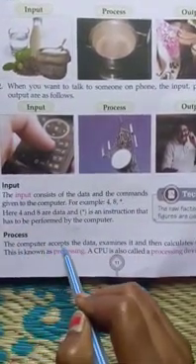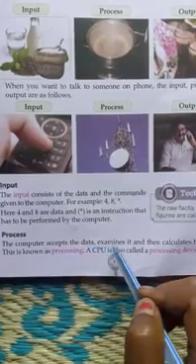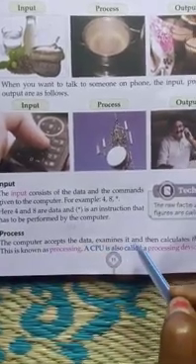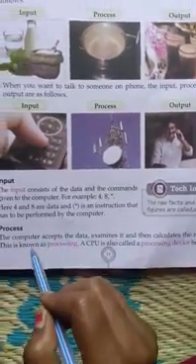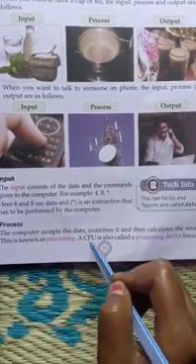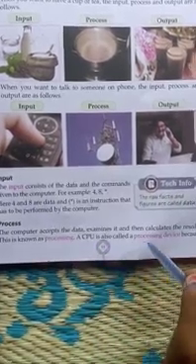Then process. The computer accepts the data, examines it and then calculates the results. This is known as processing. A CPU is also called a processing device.